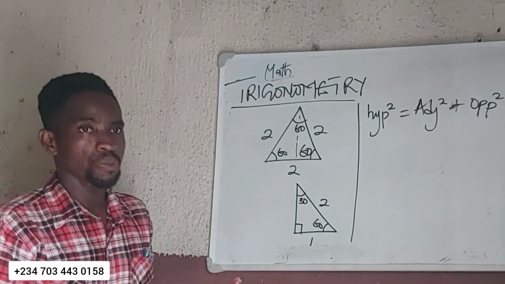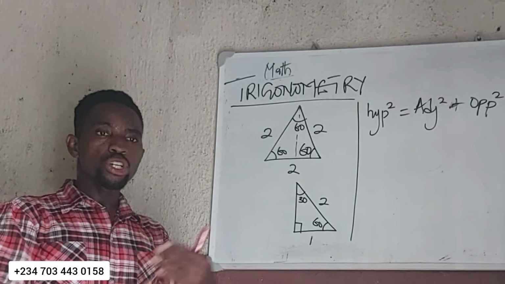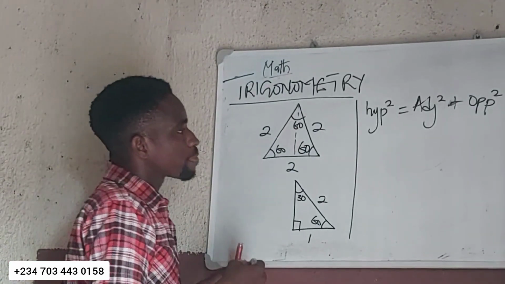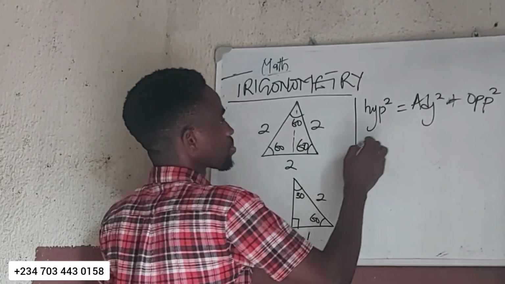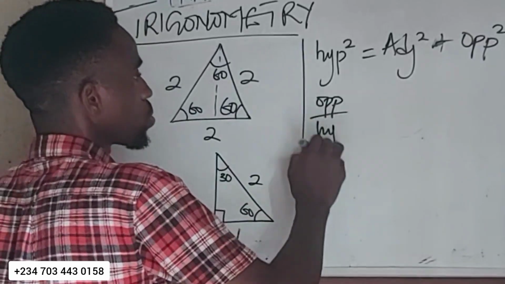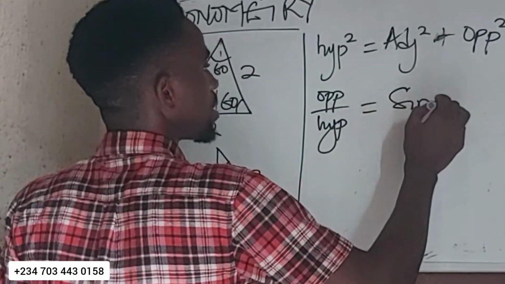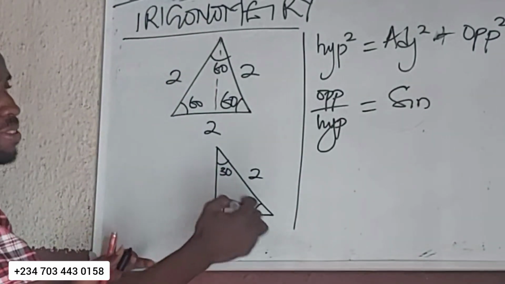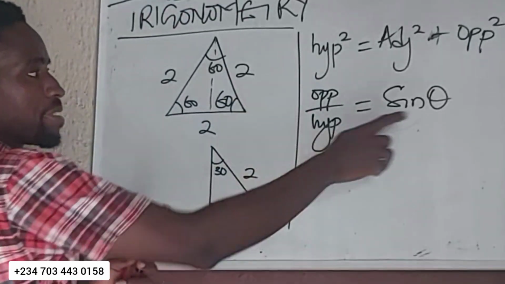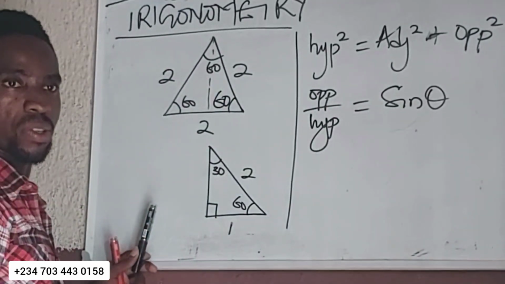But before we solve this specific problem, let's learn a little more about a right angle triangle. There are ratios of these sides. The ratio of opposite to hypotenuse is called sine. So if the angle in question is theta, then the sine of that theta is opposite over hypotenuse.